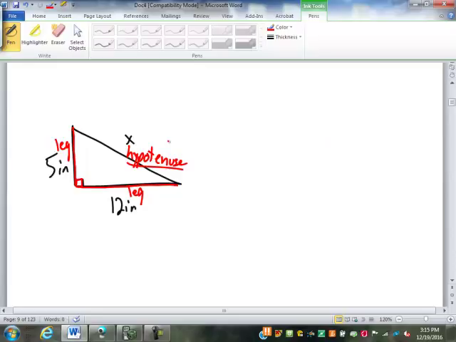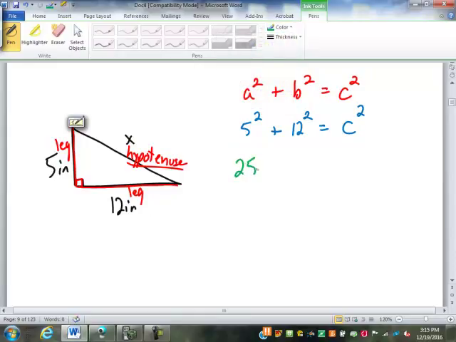So if I want to find that missing side here, there's a relationship. a squared plus b squared, the two legs, has to equal c squared, the hypotenuse. So a is 5, so 5 squared. b is 12, so 12 squared. That'll have to equal c squared. 5 squared is not 10, but 25.